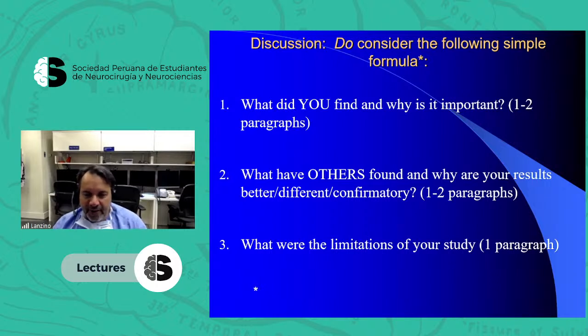So you stress what the limitations of your study are, but at the same time, whenever possible, you can add a mitigating subsequent sentence to blunt a little bit the effect of some of the statements that you make about the limitations of your study.